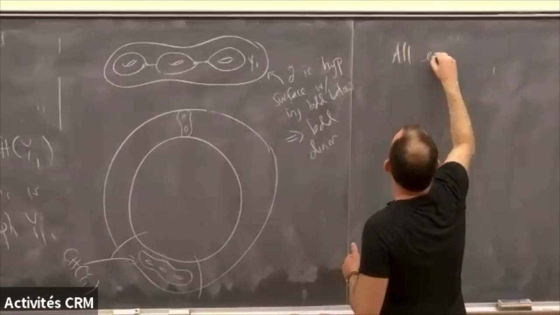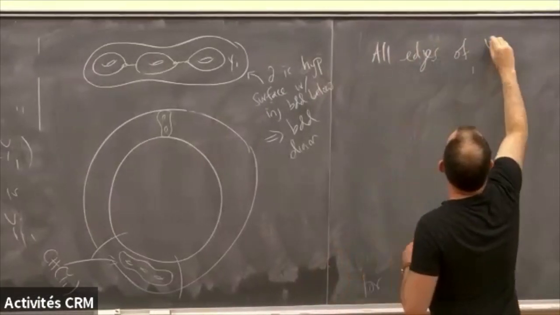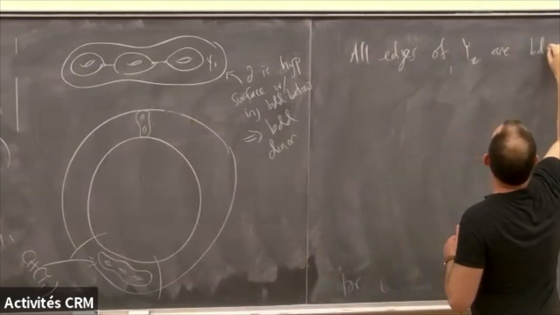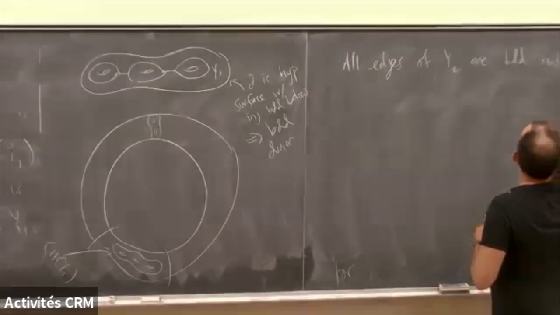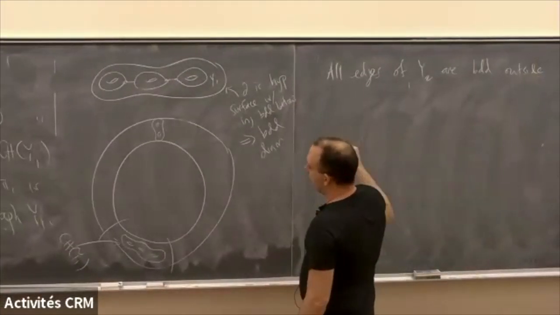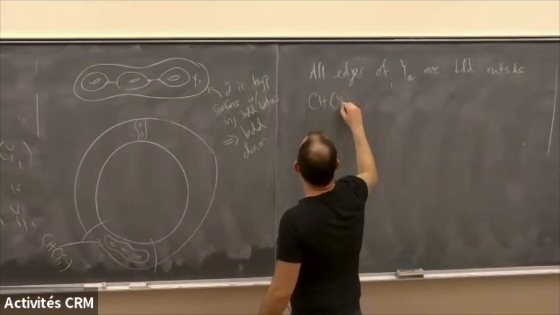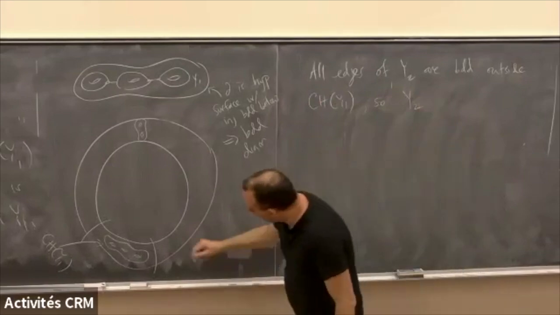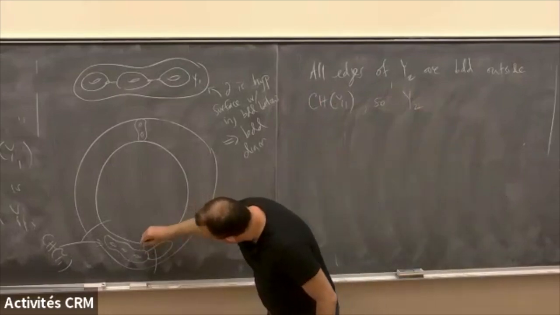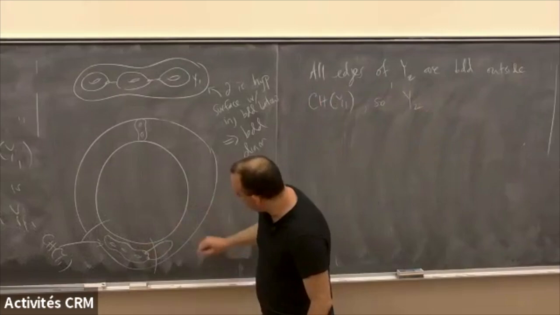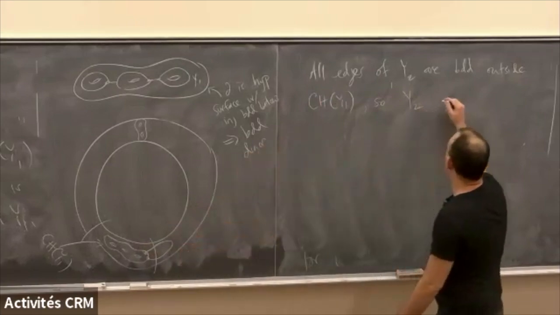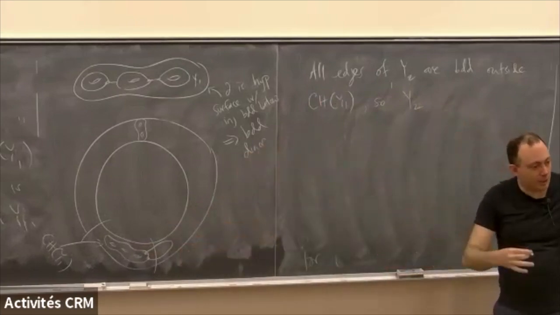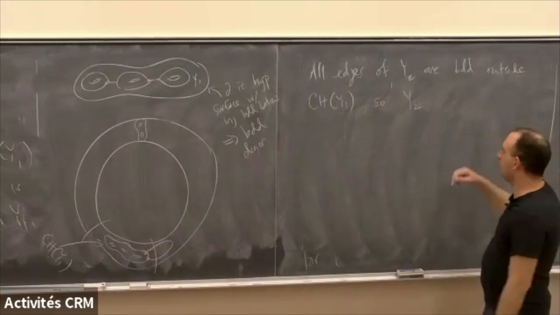Right, so all edges of y2 are bounded outside of this convex hull. So y2, that means they all look like this or something. Or this is again bounded. So y2 only extends a bounded amount further along the mapping torus.